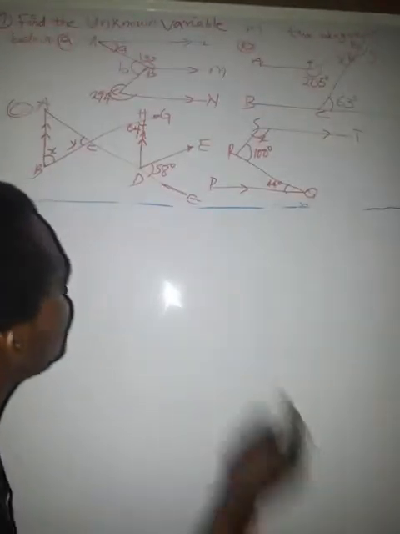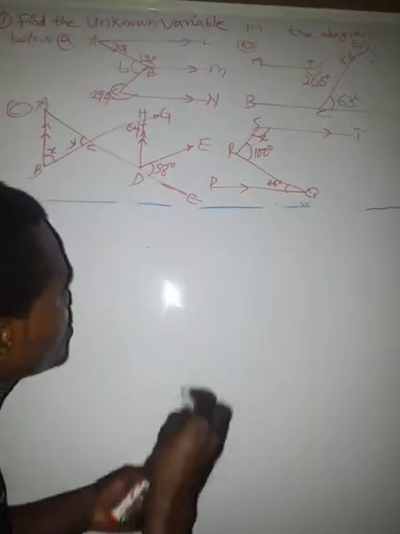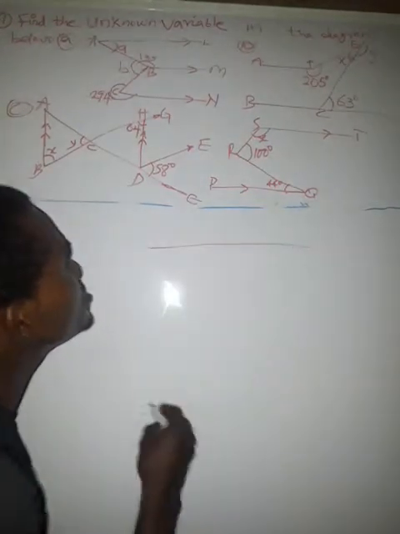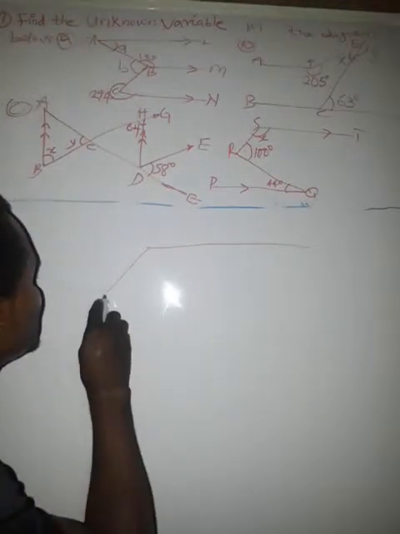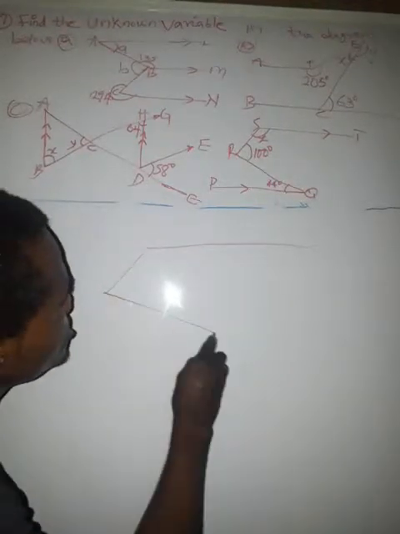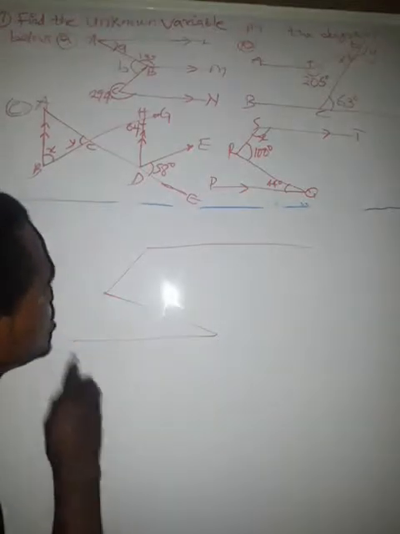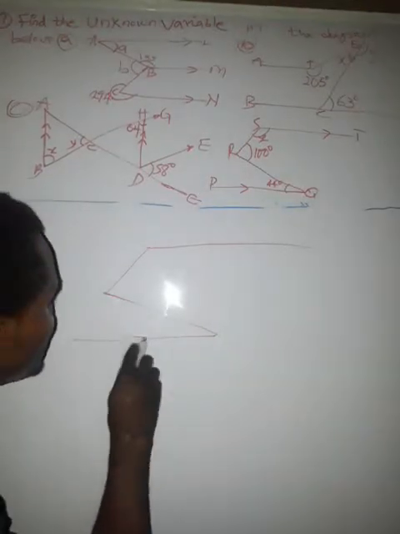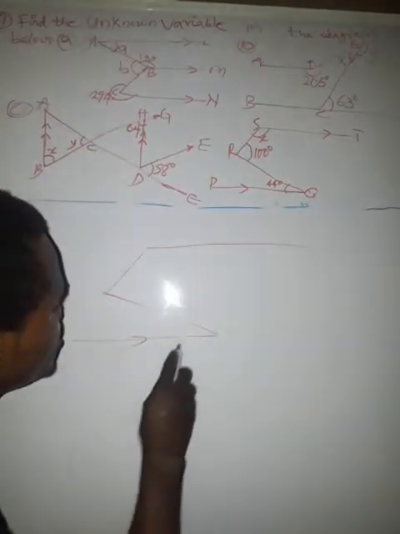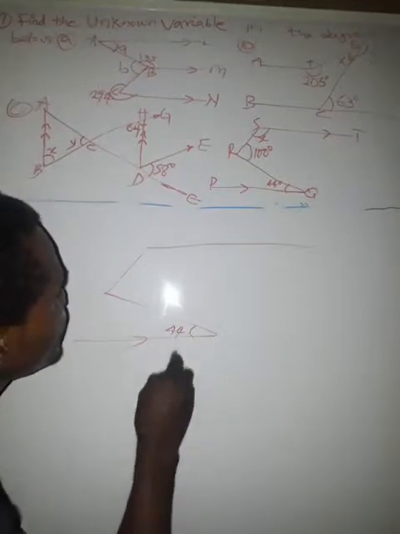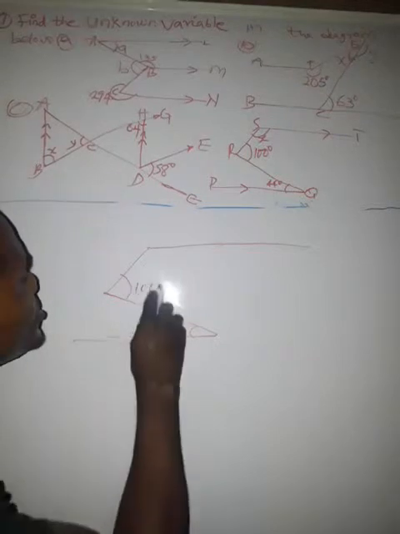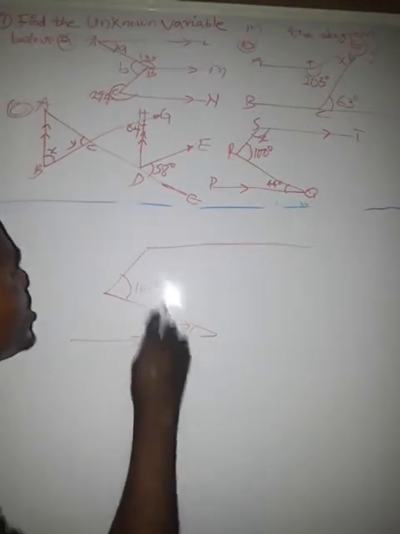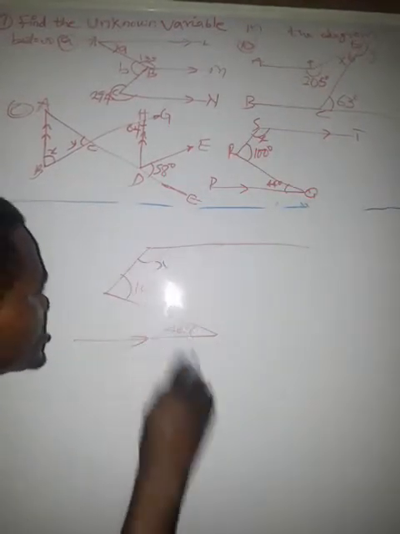So to look for, we have this and this. I told you this sign means that they are parallel to each other. We have this place as 44 degrees, we have this place as 100 degrees, and we have to find x.